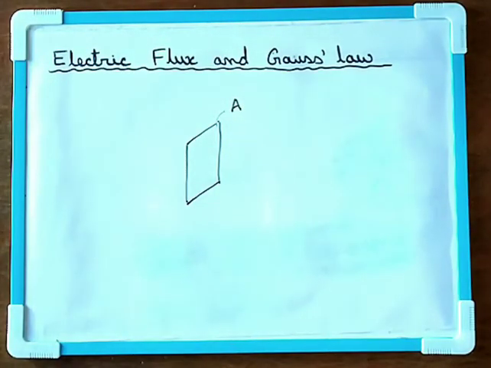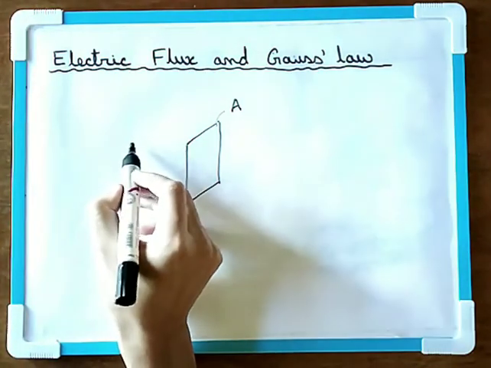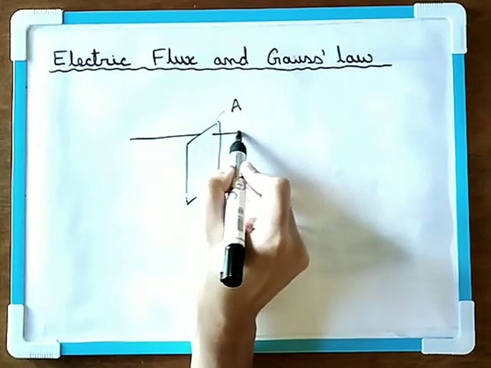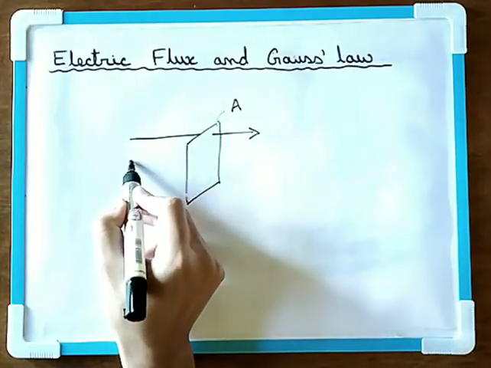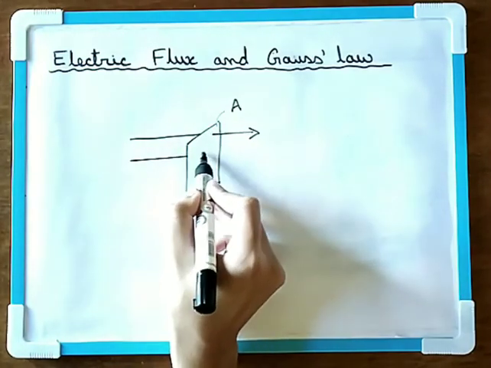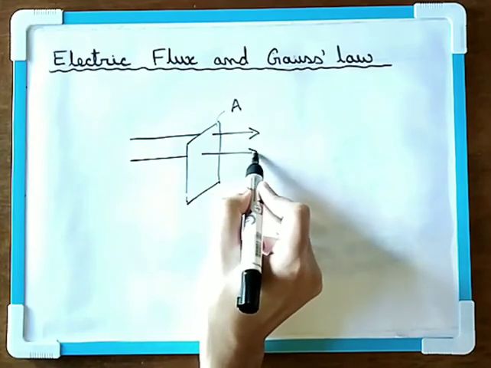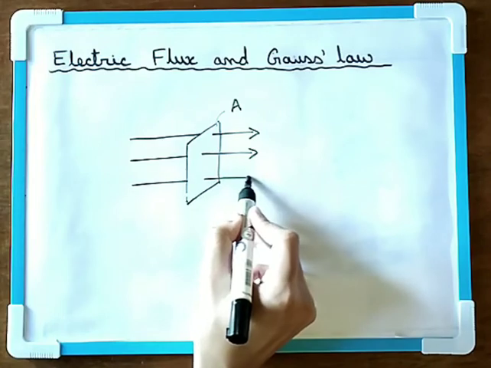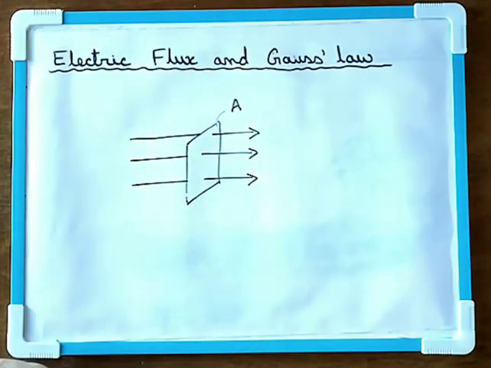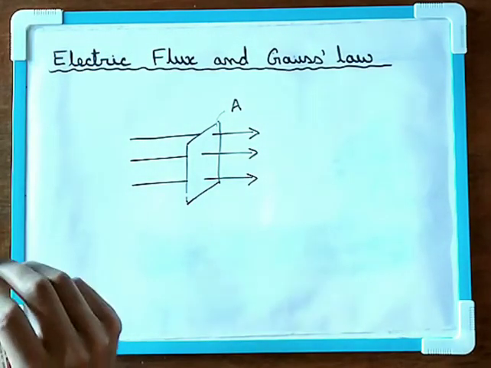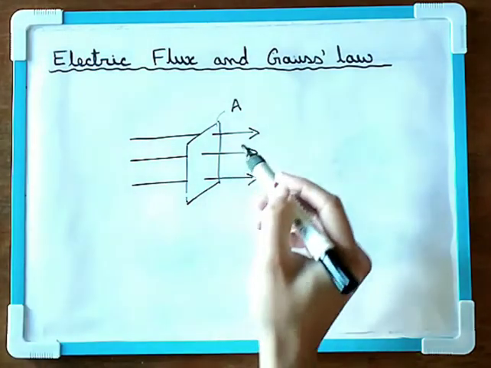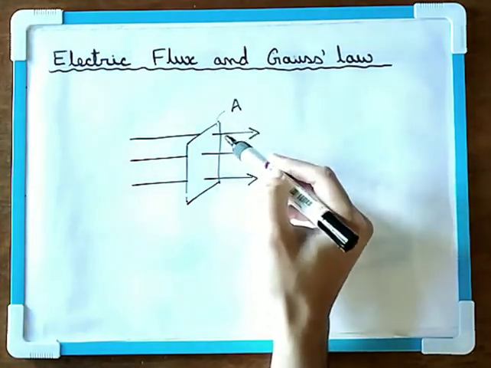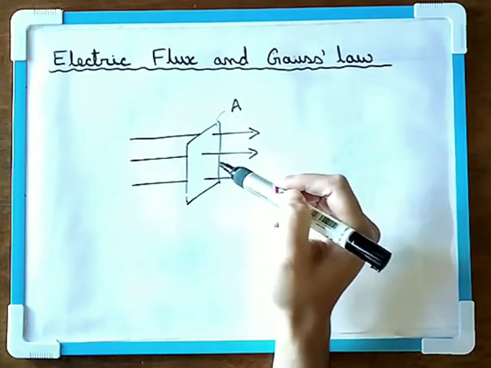and if your electric field lines are crossing this surface area in this direction. So these are the electric field lines crossing the area normally. Then the electric flux represents the total number of electric field lines crossing this area in a direction which is normal to the area.